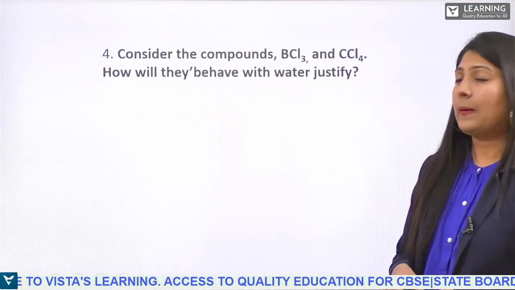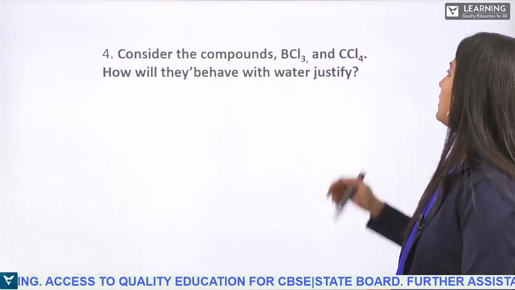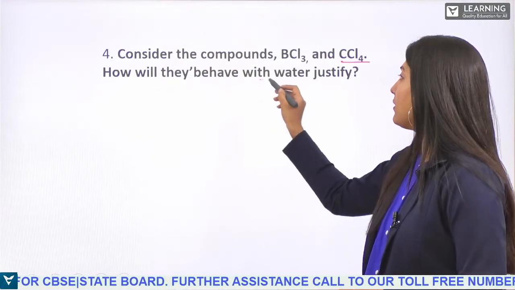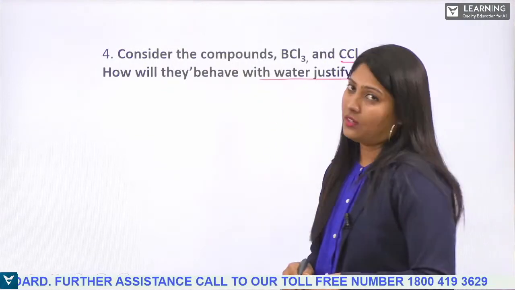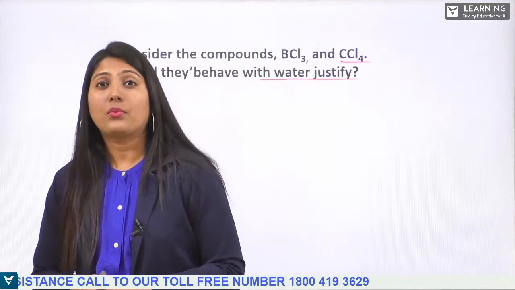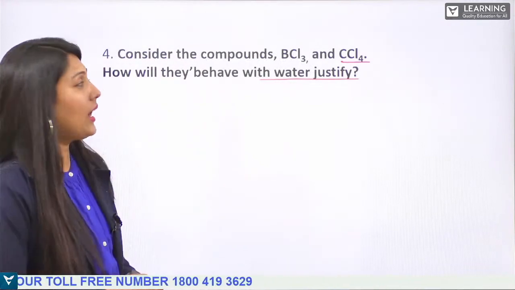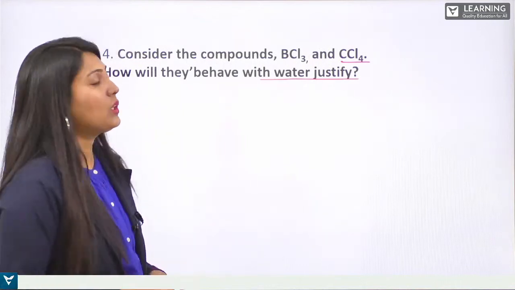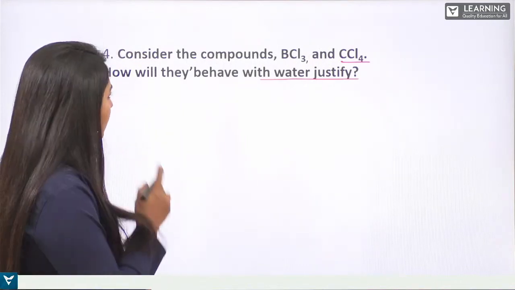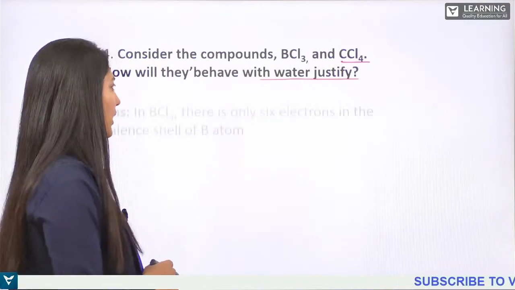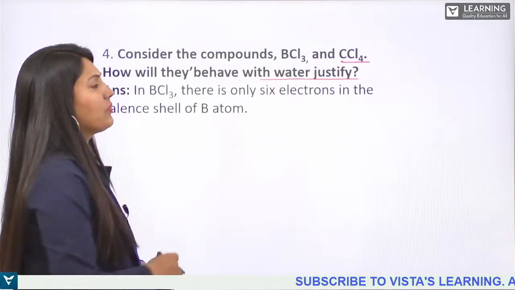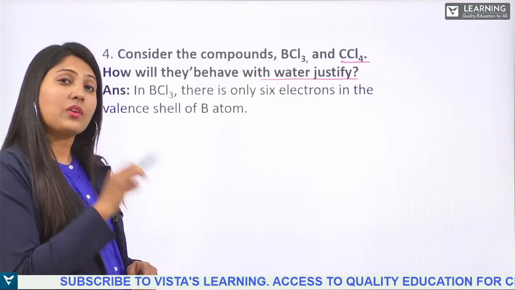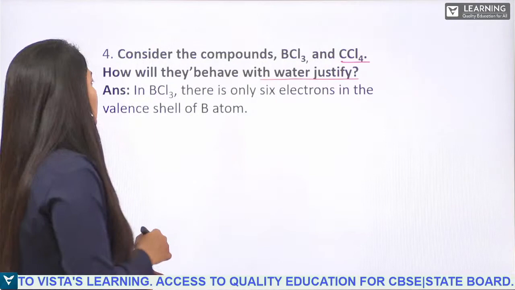Consider the compounds BCl3, boron trichloride, and carbon tetrachloride. How will they behave with water? Here we are going through the properties of group 13 and group 14 halides and how they react with water. In BCl3 there are 6 electrons, so it requires a lone pair of electrons from the oxygen present in the water molecule.